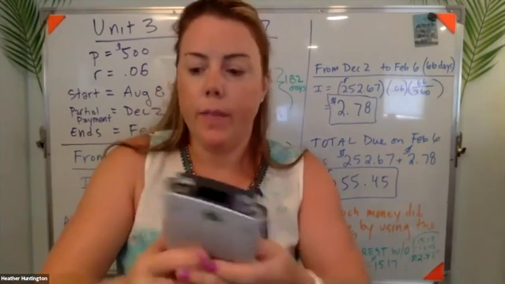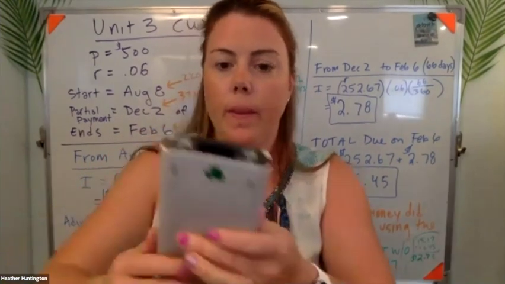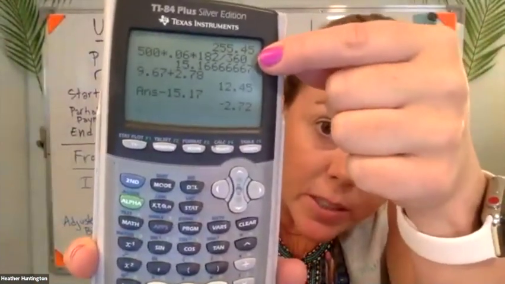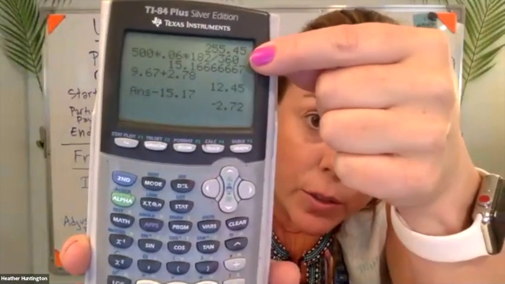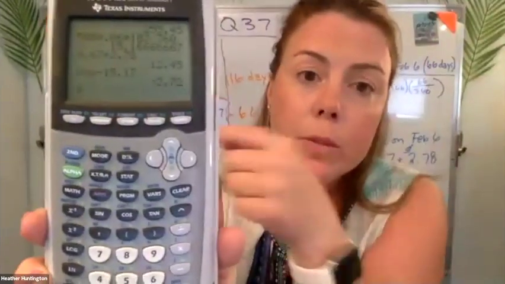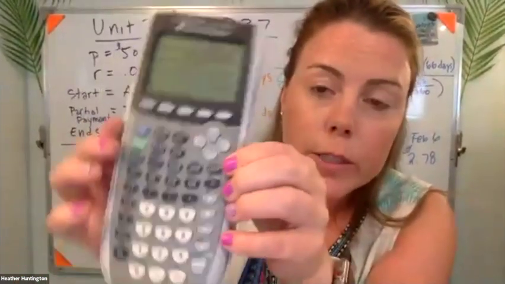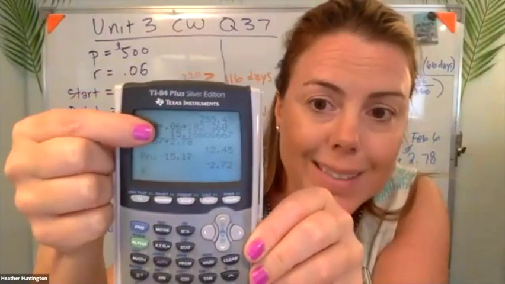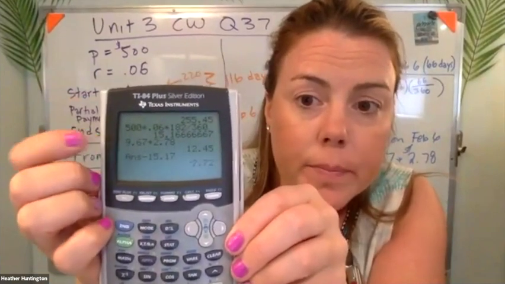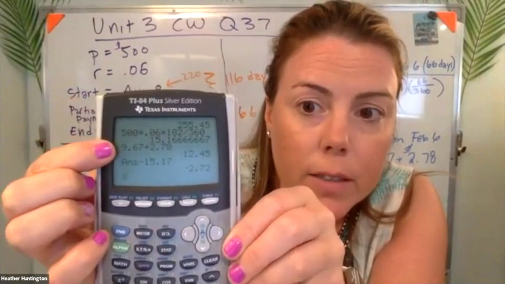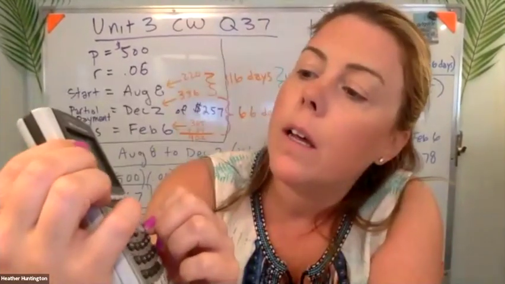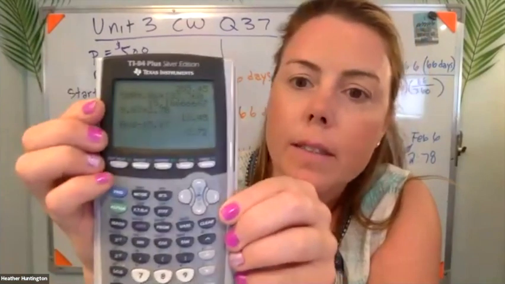Okay, so I did 500. Do you see at the top there? 500 times 6% times 182 days total over 360. Means without partial payments, our total interest would be $15.17. Now, with the partial payment, it was $9.67 plus $2.78.